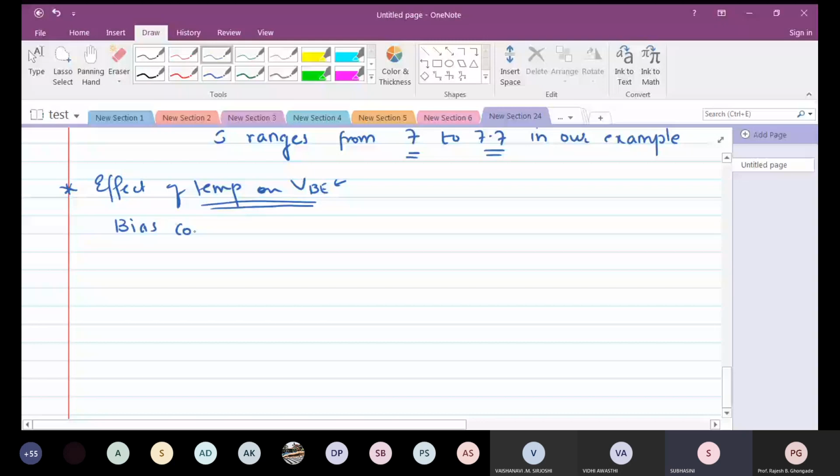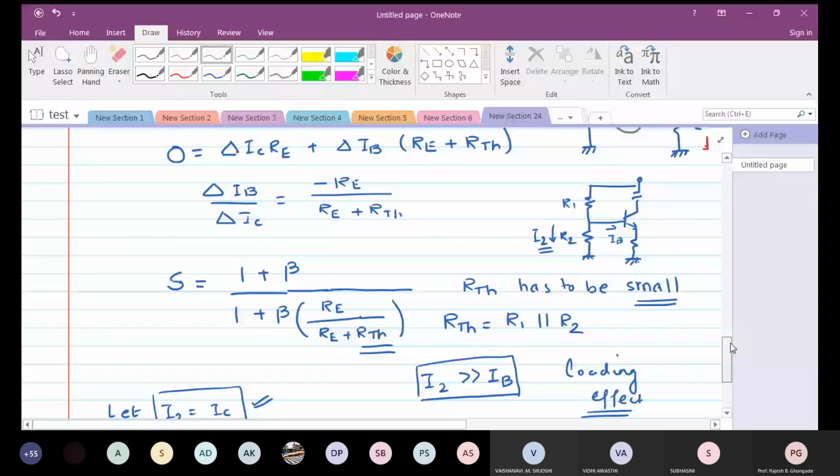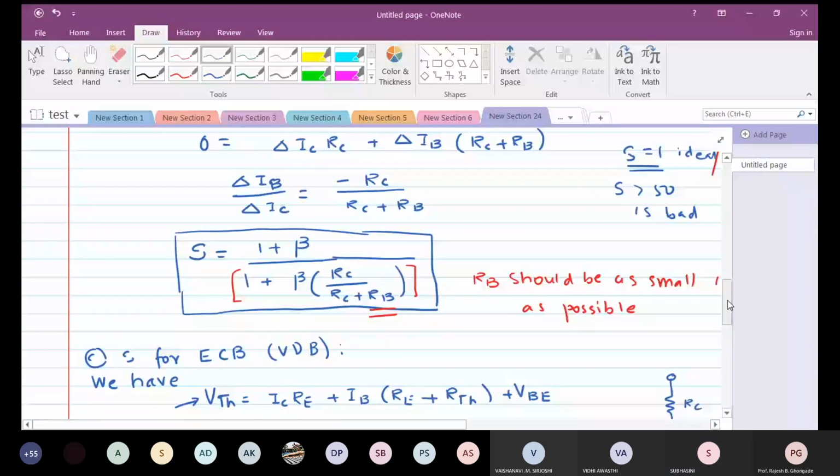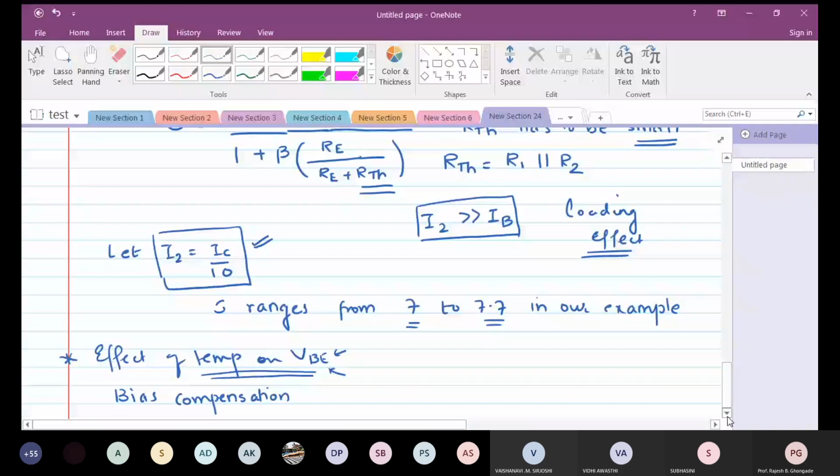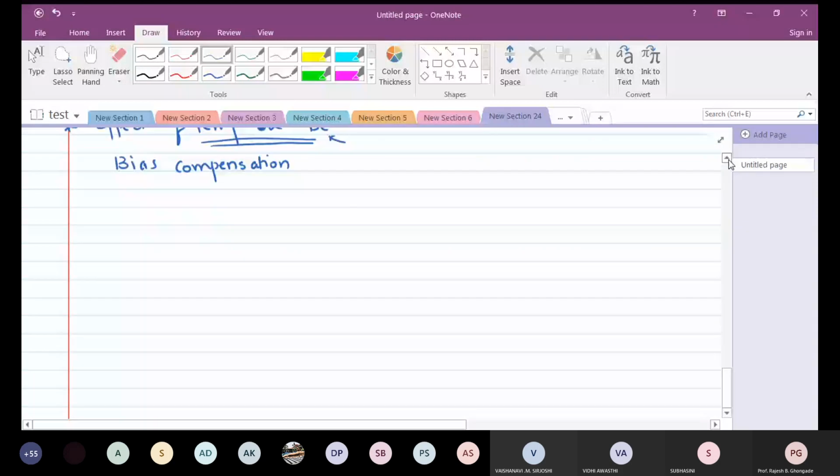I don't want this VBE to change with temperature, because in all these equations we assumed delta VBE to be 0, but practically it will not happen that way. If there is a large variation in temperature, VBE is also going to get affected. That is what we discussed in the last lecture.